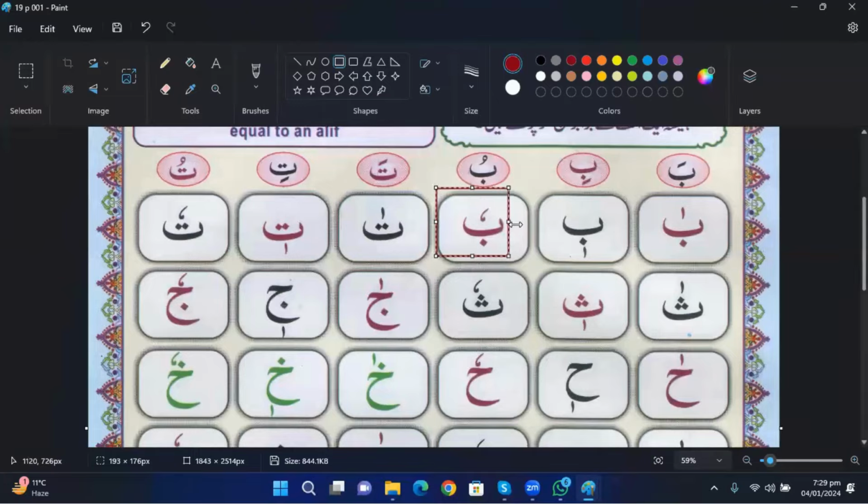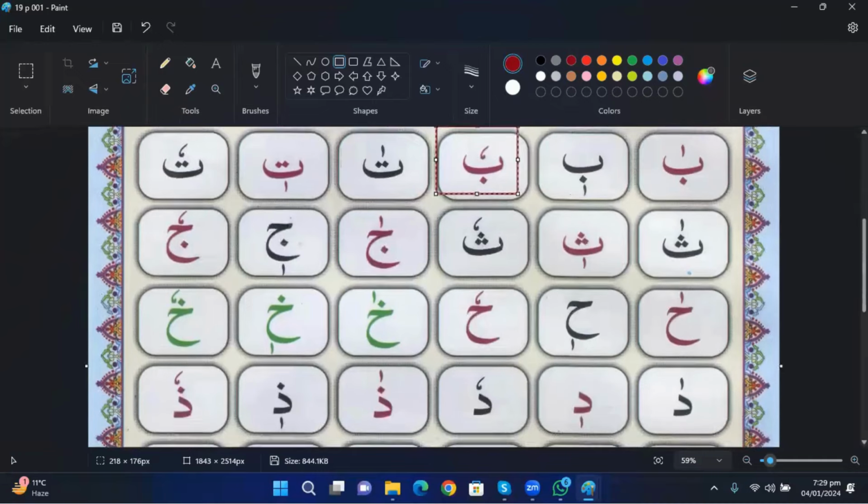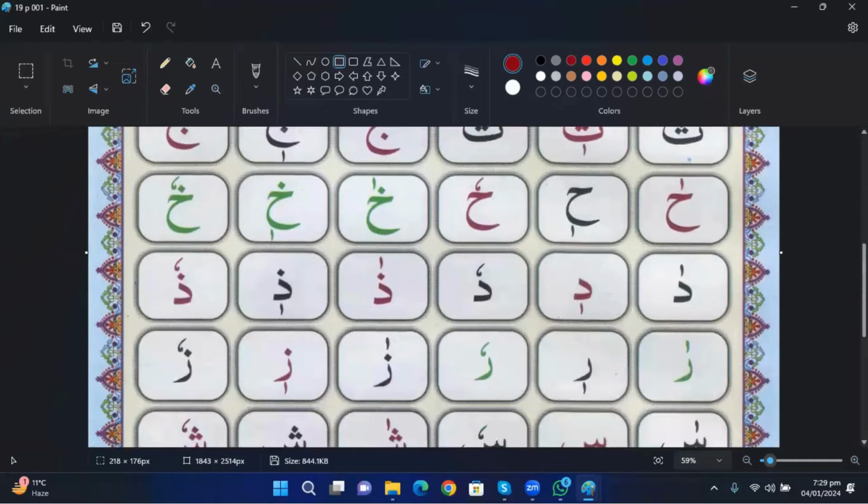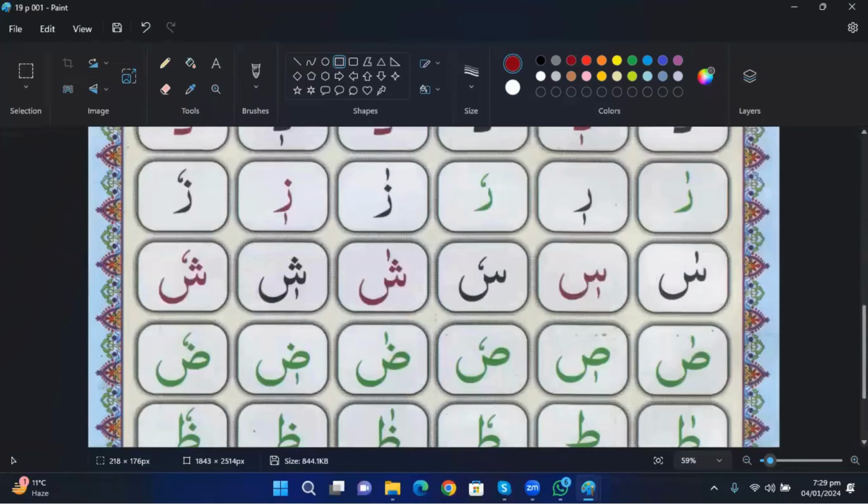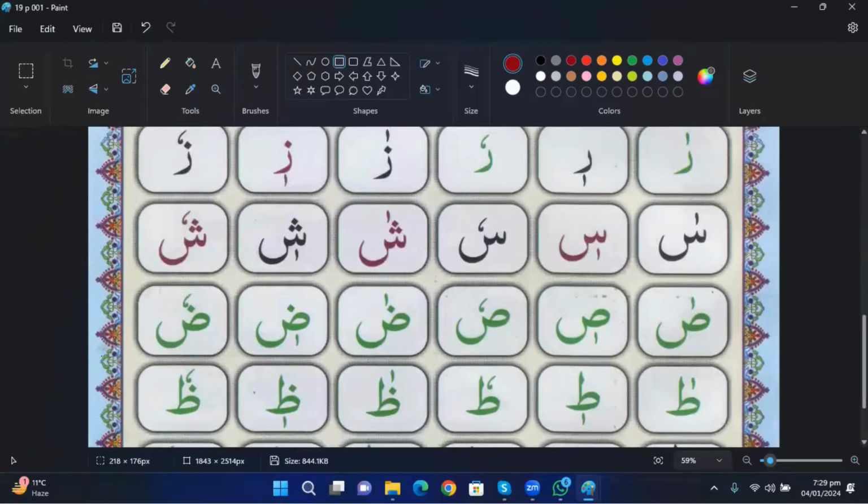While we did in the topic of fatha, first fatha, then kasra, then dhamma. And then in tanween, we need to do first double fatha, then double kasra, and then double dhamma. So make sure that all standing harakat will stretch equal to an alif.